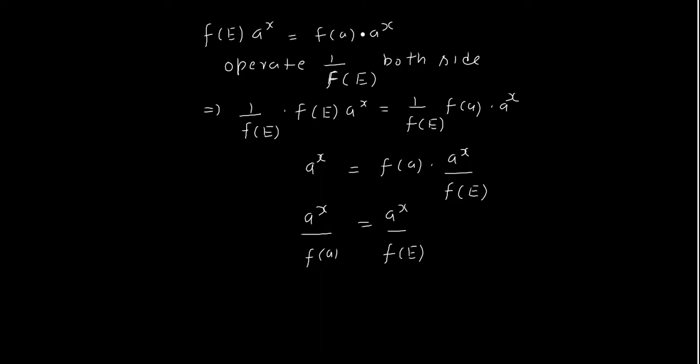If we write left hand side equal right hand side and right hand side equal left hand side, then this becomes a to power x f of e equal a to power x f of a. So this one is the required result.